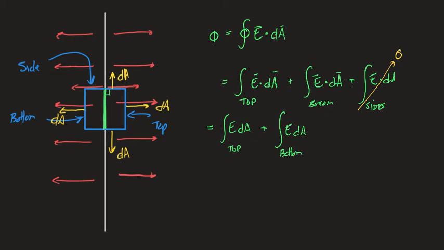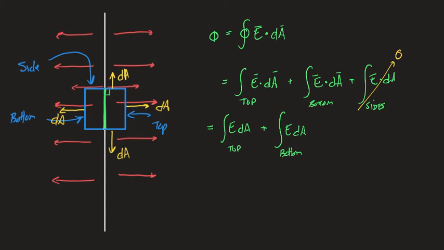And I'm going to ignore the cosine of 0 degrees because it's just 1. Next, I've arranged this purposefully so that the electric field is constant everywhere along the top because it's the same distance away from the sheet. Is that okay?